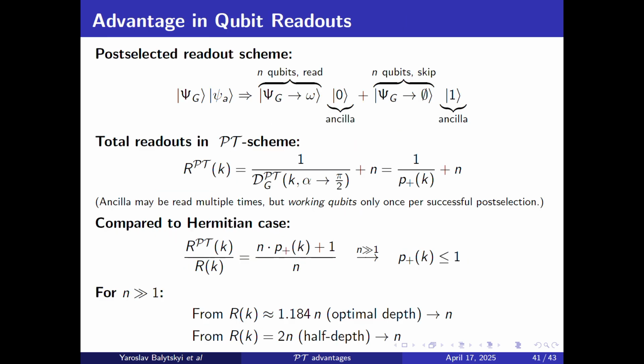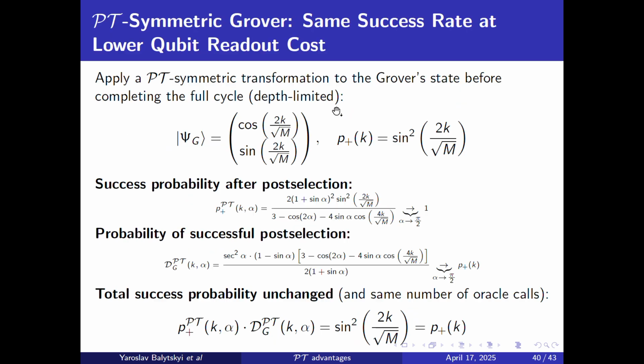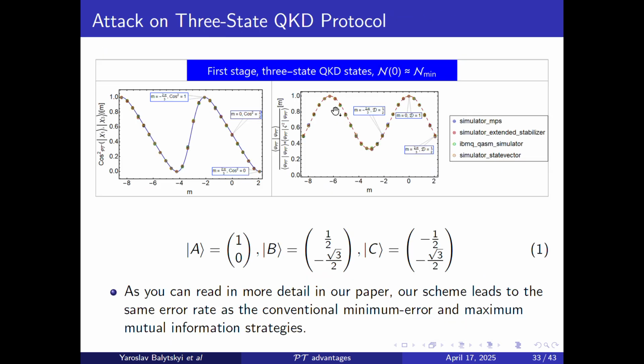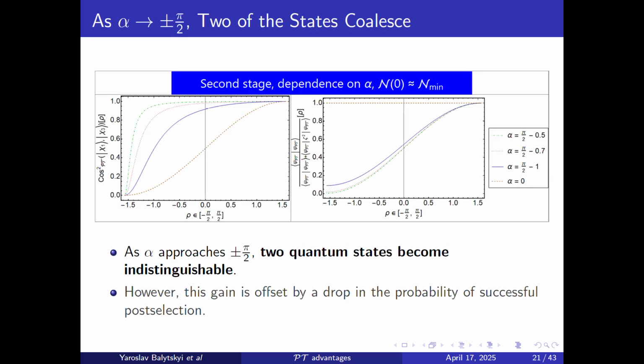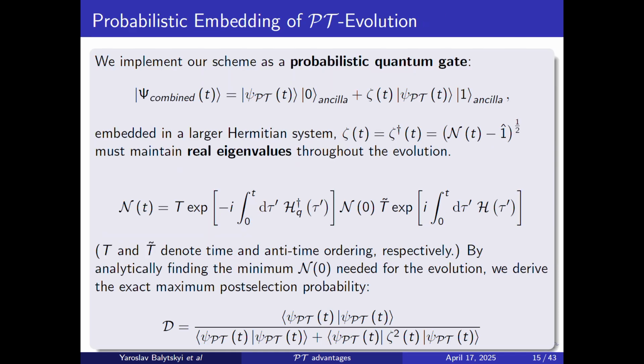Nevertheless, it gives you an advantage in qubit readout cost because in post-selected readout you are reading all working qubits just once, only when the ancilla is measured 0. So essentially corresponding to this case. Only when the ancilla is measured to 0, then only then your PT-symmetric transformation is successful.